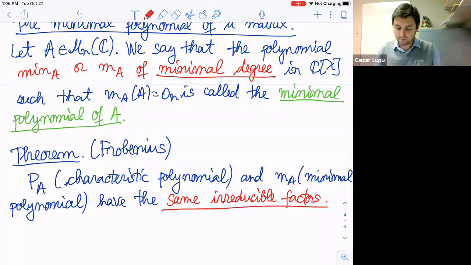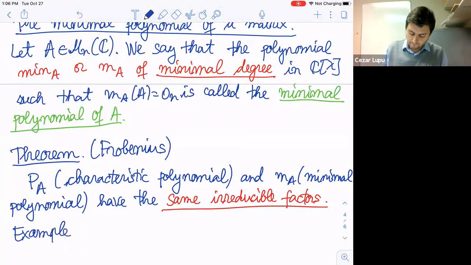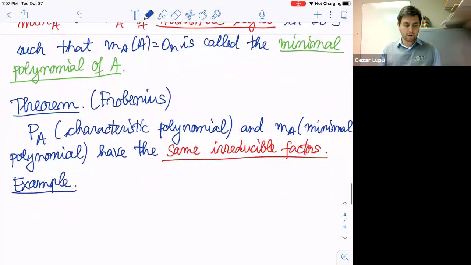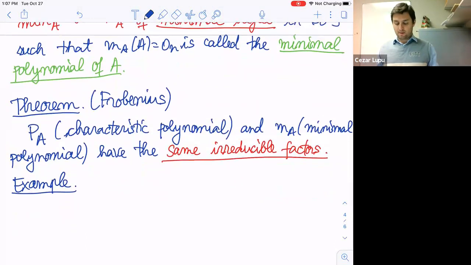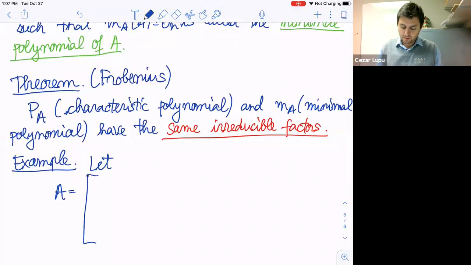Let's see an example. How do we compute the minimal polynomial of a matrix? I want to show you a quick example, and then we'll get going with some other stuff. Let A be the following. Let me cook up a 3 by 3 matrix.